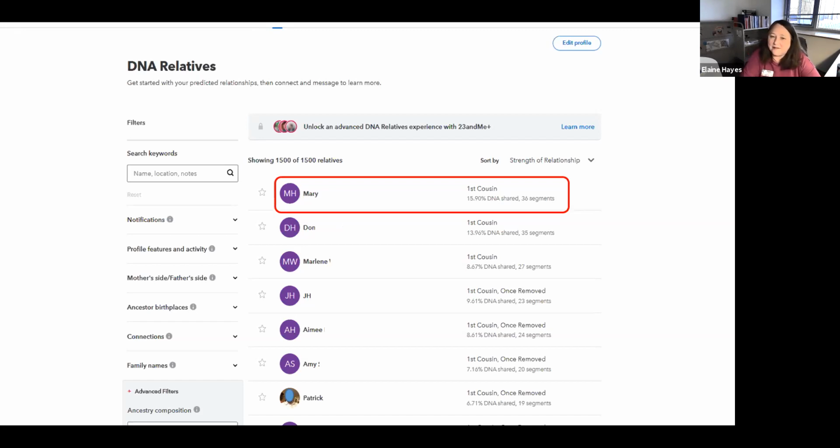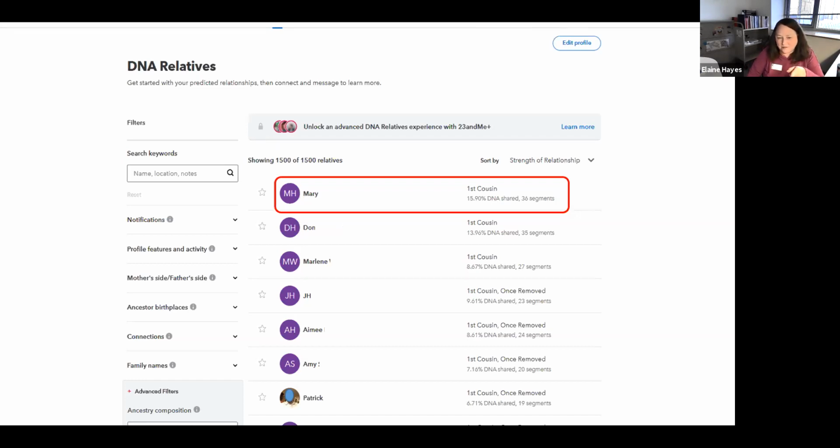So we share about 16% of our DNA that is exactly the same. My other first cousins, we have 13.9 and 8.67 percent and things like that, in 36 or 35 segments, things like that.